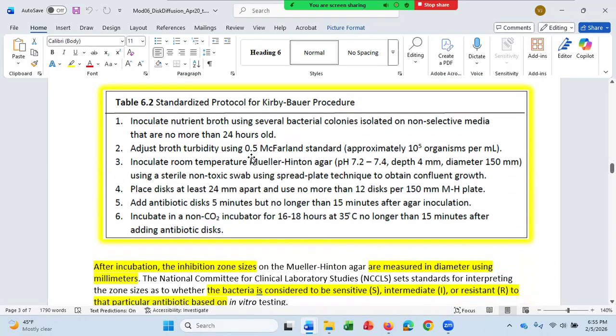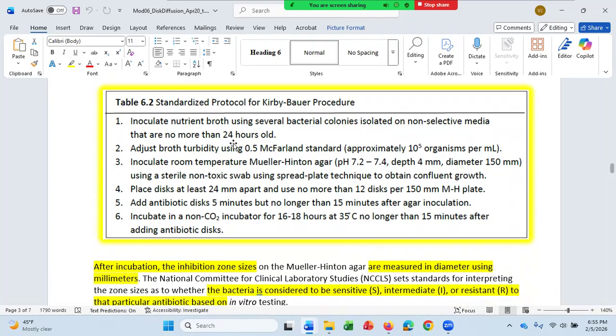And so here's the standardized protocol for applying the Kirby-Bauer disc diffusion method. You first inoculate a broth using several bacterial colonies, where the colonies were grown on non-selective media and are no older than 24 hours old.